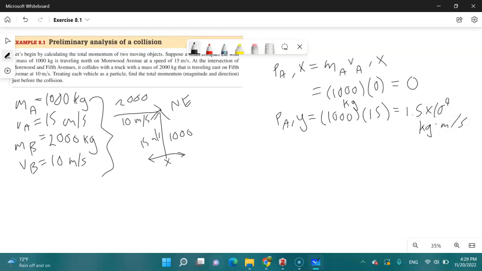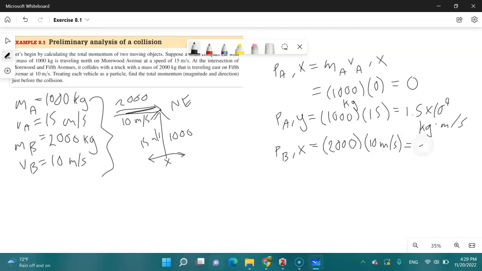Now let's do the same thing for the truck. Let's go for the truck in the x direction. We know that the mass of the truck is 2,000 kilograms. And we know that the truck is going in the x direction at a speed of 10 meters per second.